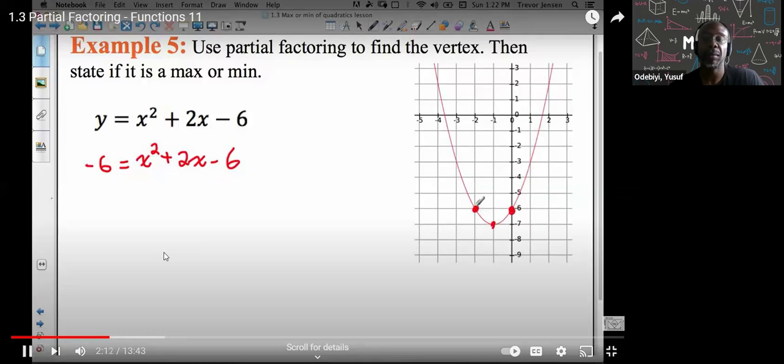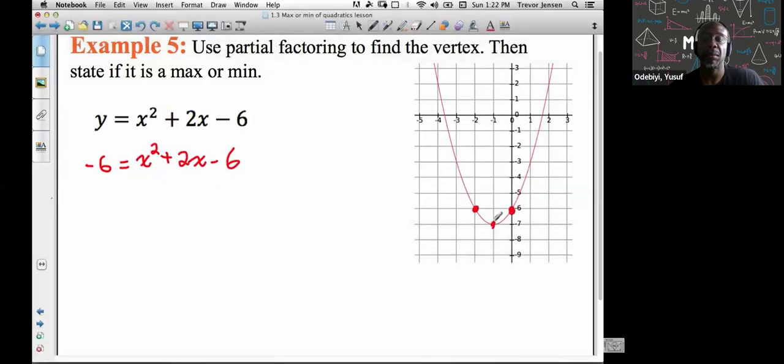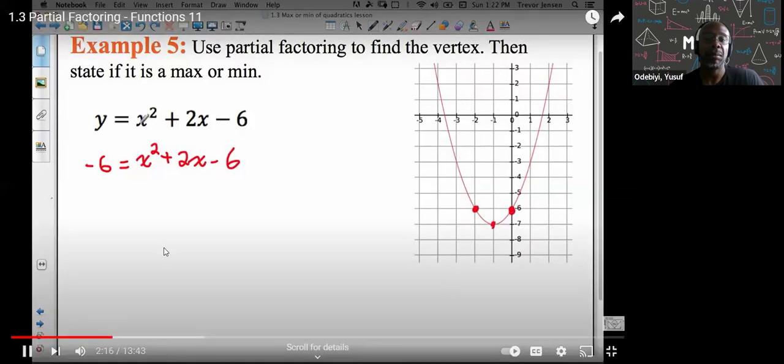The average of those two x values gives the x coordinate of the vertex. Once I know the x coordinate of the vertex, I can find the y coordinate by plugging it into the original equation. So if I know these two values of x, -2 and 0, well, you remember the difference in between is the average.